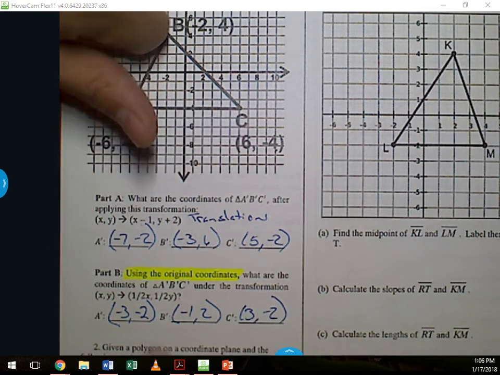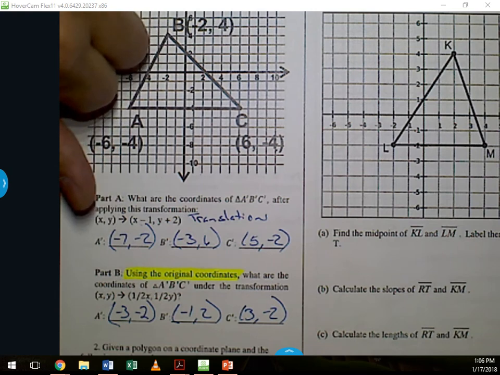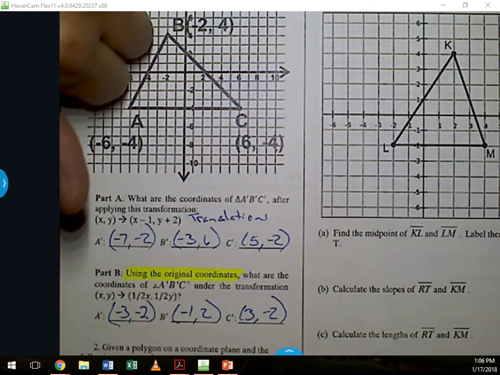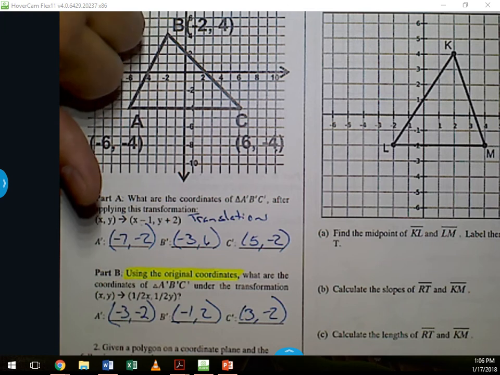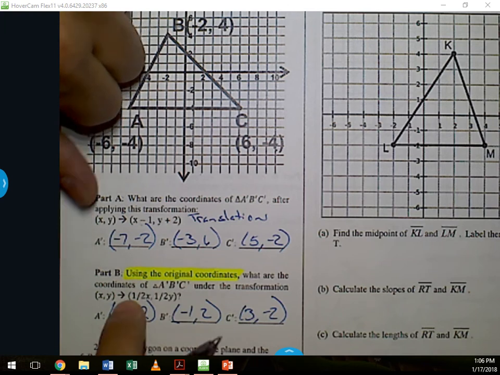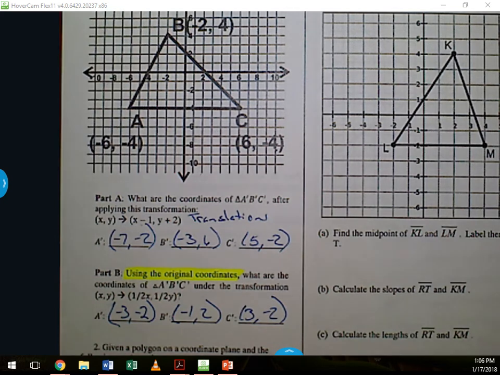Okay. So what did we do to both things there? We multiplied both by a half. If I'm multiplying both things by that 1/2, what am I actually doing there? I am reducing it, right? Very good. I'm reducing it. I'm shrinking it.